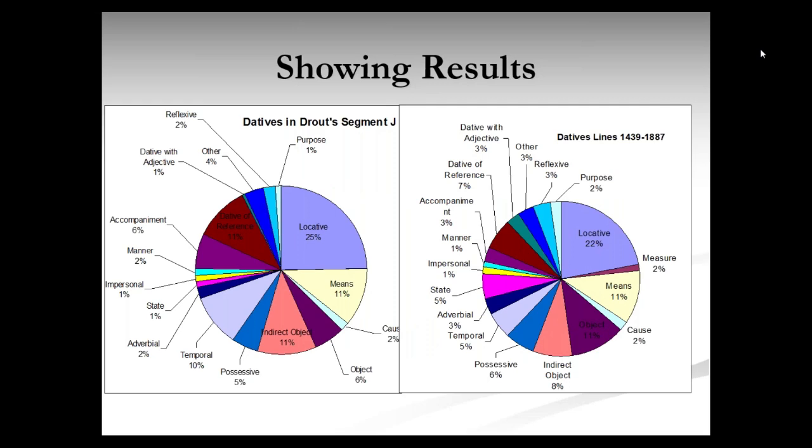Versus what had occurred previous to it in the selection that I was looking at. You can see differences there too. In the previous material there was a much more balanced use of the datives. You'll see more colors there, pretty even segments except for the 3 or so that are bigger than the other ones.